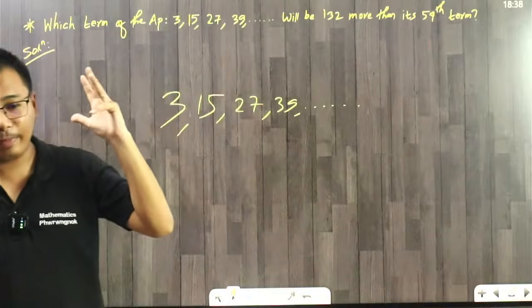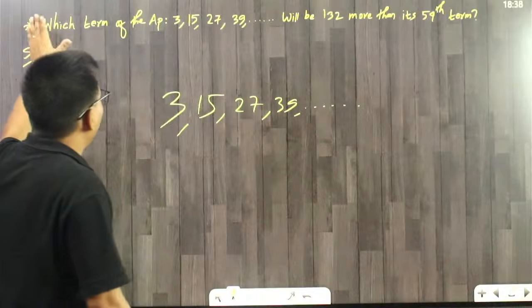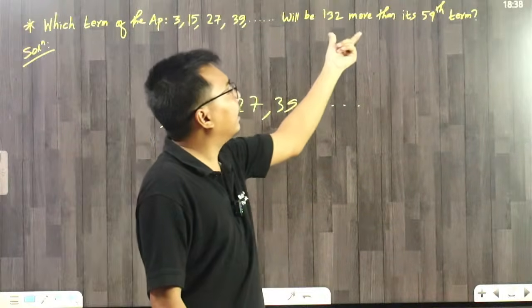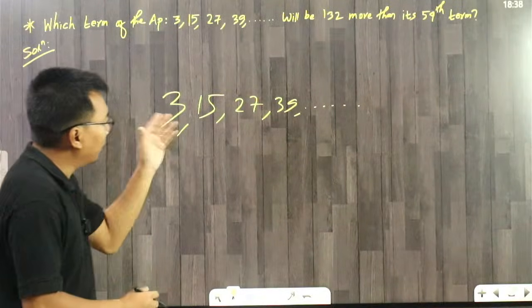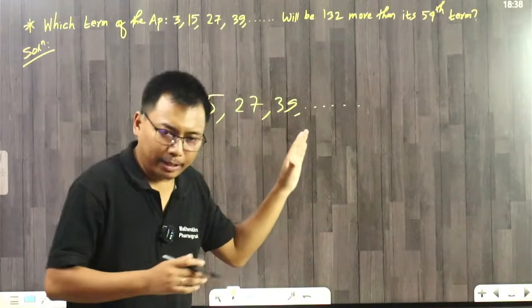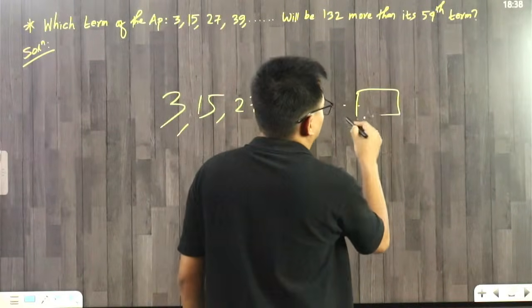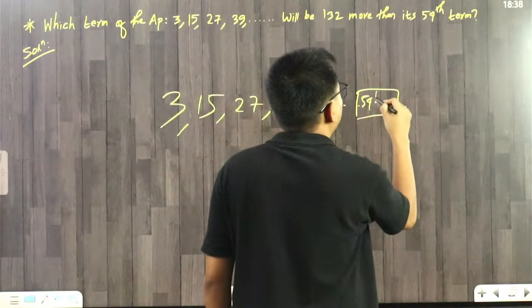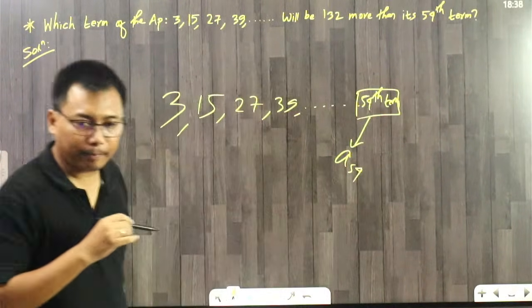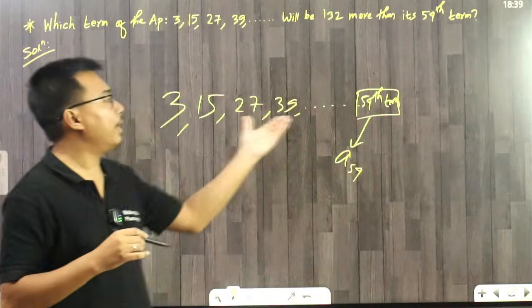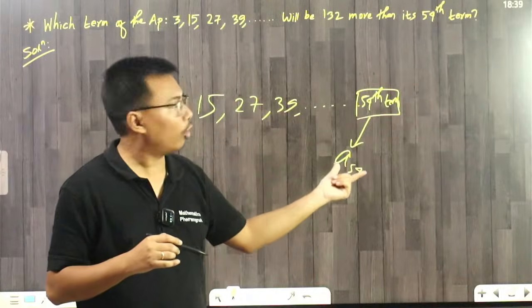What does it mean? First of all, we have an AP. In this AP, we have a 54th term, which we denote by A54.